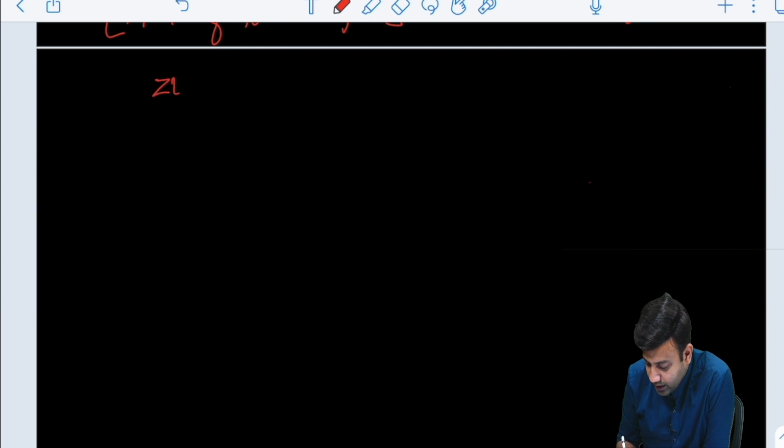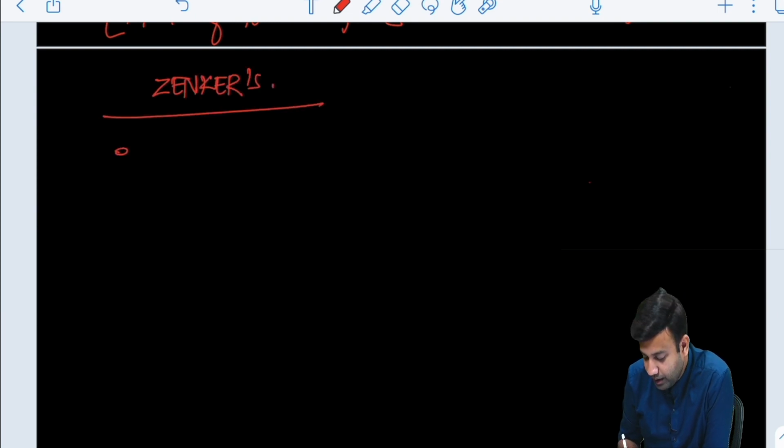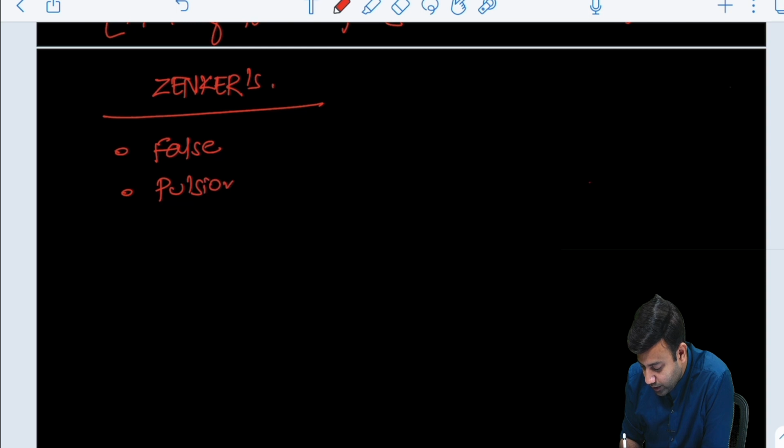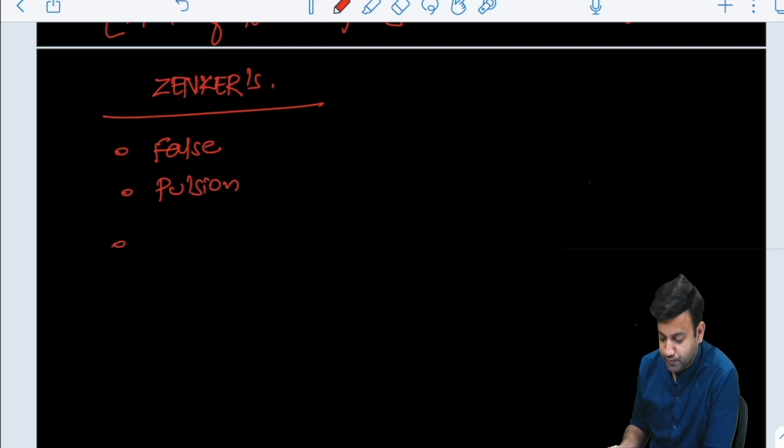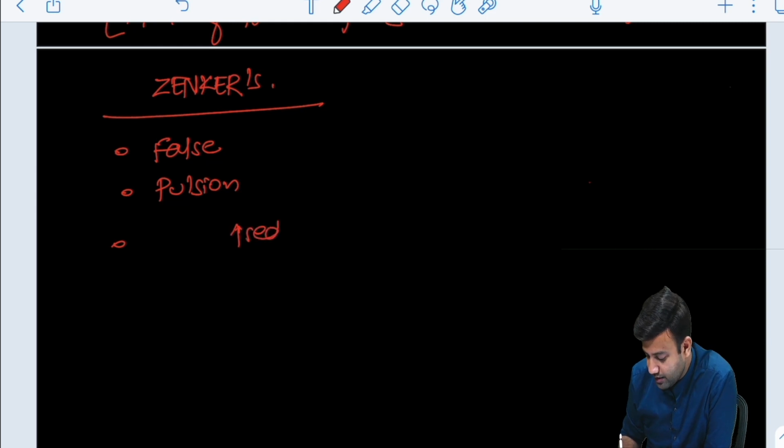Now we will study Zenker's diverticulum. About Zenker's diverticulum, we already know two points: it is a false diverticulum and it is a pulsion diverticulum. Why does it happen? Because it is a pulsion diverticulum, there will be increased intraluminal pressure.